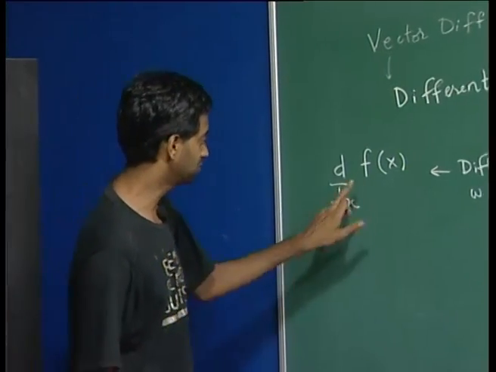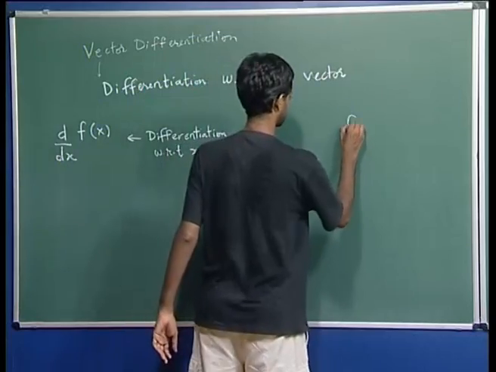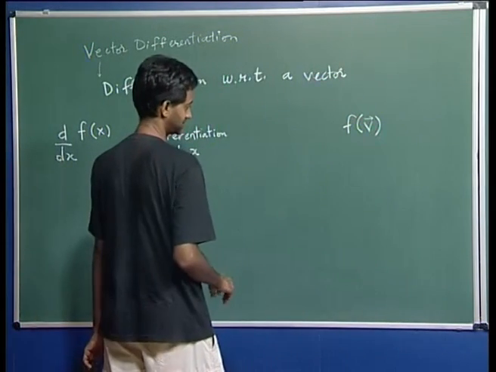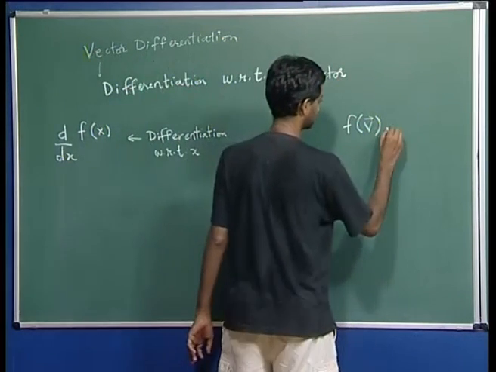Now on the other hand, if you had a function of a vector, so we have already looked at functions of vectors, and if you remember, functions of vector are of two types.